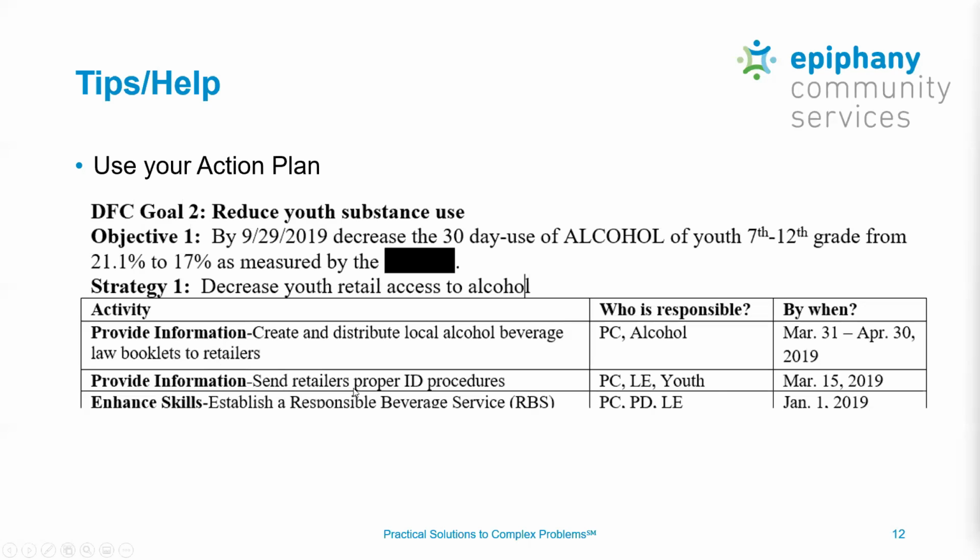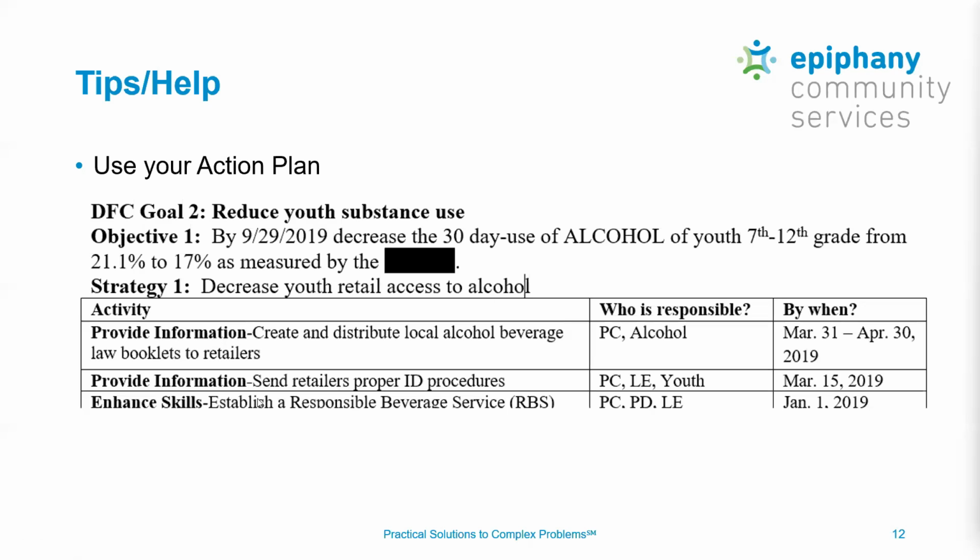Same thing, some of these, like send retailers proper ID procedures. Some of these might be community changes, but keep in mind, some might be things we're already doing that we want to continue doing, maybe expand on. So just keep in mind that your community action plan can be a good place to start, but it's not going to be your one-all-be-all for, hey, this is a community change, we have it in our action plan. That's not the message I want to give you, but it's at least a good place to start, because your action plan really guides the work you guys are trying to do.